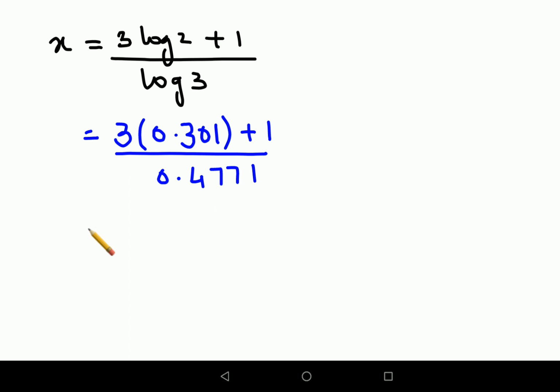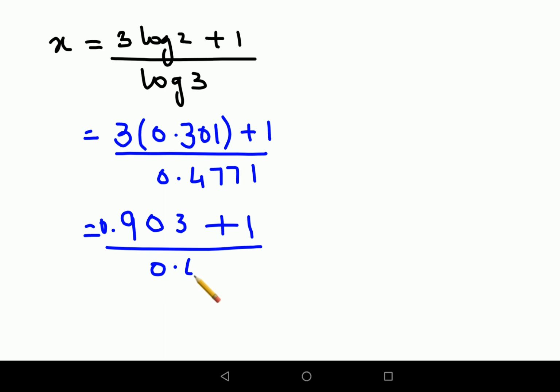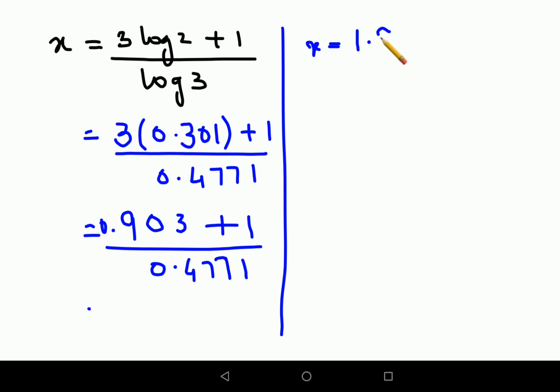So here 3 into 0.301 gets you 0.903, sorry, my bad, plus 1 upon 0.4771. So here you're getting x equals 1.903 divided by 0.4771.